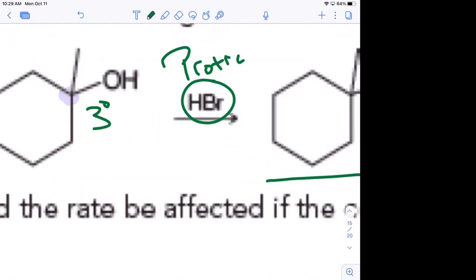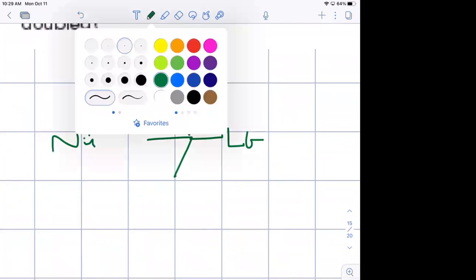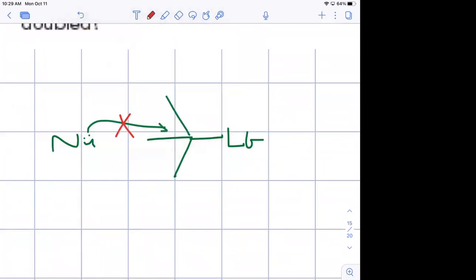If it's a tertiary site, let me just show you. If I have a tertiary site like this with a leaving group, and I'm trying to attack the back side of that carbon, that's not going to happen. This is what we call sterically hindered.